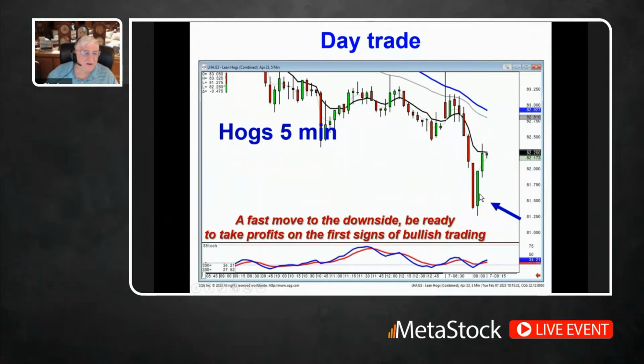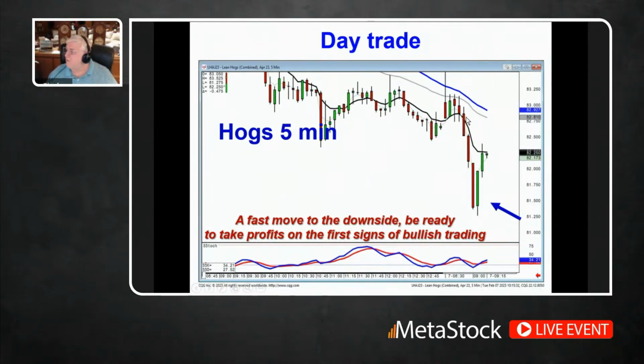Because here's another thing that is evident on your charts, and I should have told you the caveat to the T line: the further away you move from the T line, the higher the probability it's going to come up and test it. That is a very, very strong statistical probability.